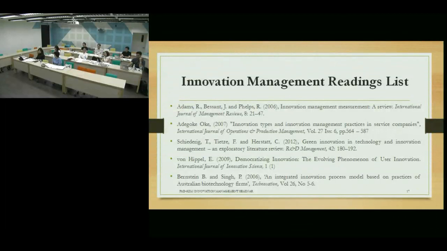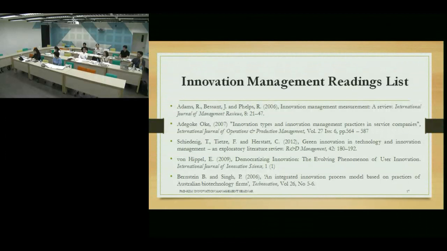Right? The second paper that I reviewed is Green Innovation in Technology and Innovation Management: An Exploratory Literature Review. They also discuss different concepts like green innovation, ecological innovation, environmental innovation, and sustainable innovation, which share different concepts.